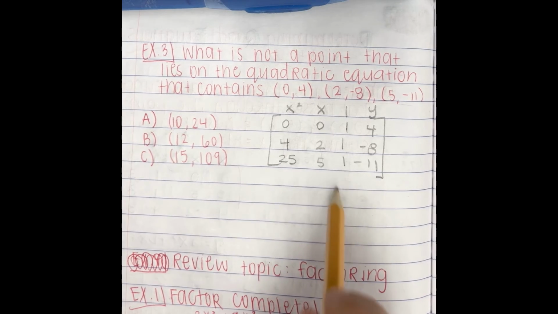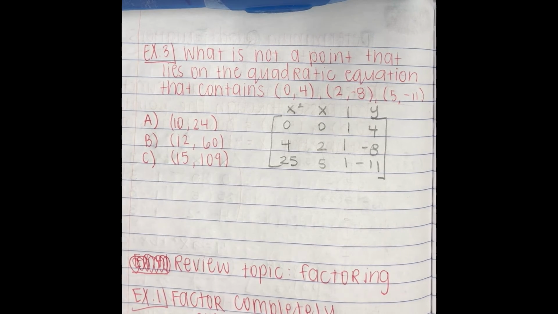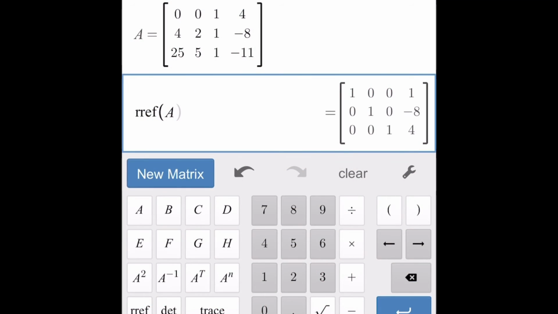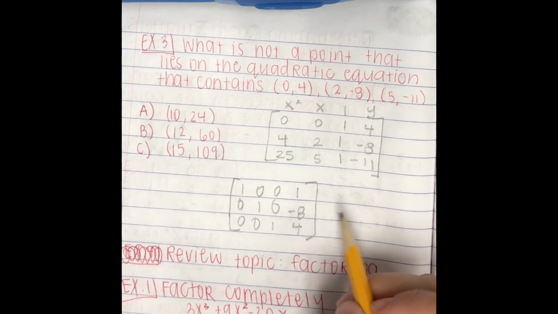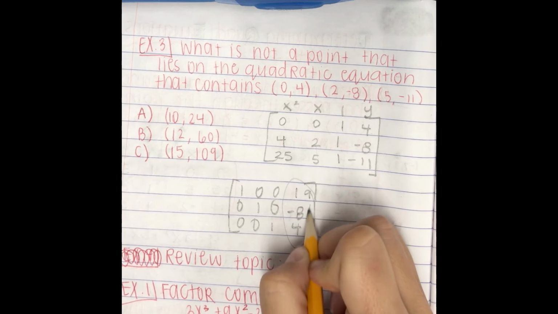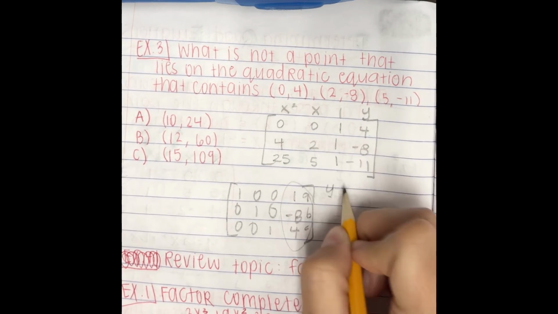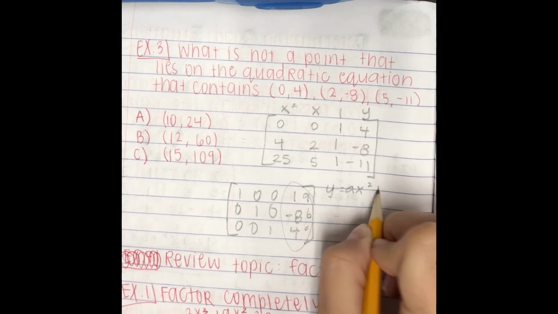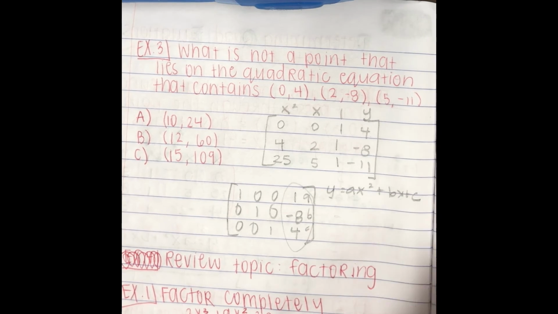Now we're going to put this in our matrix and figure out our solution. Okay, so when we plug this into our matrix, we get our answer on the right, the 1, -8, and 4. So now all we have to do is plug that into our equation, and we'll go from there. All right, so this is the answer it gave us, which means this is our A, our B, and our C. So we have y equals ax squared plus bx plus c.